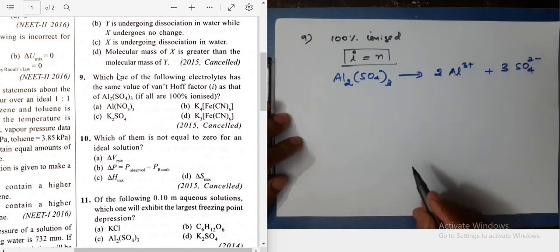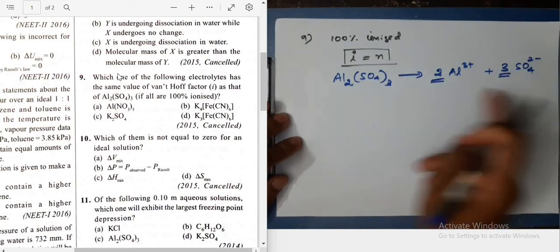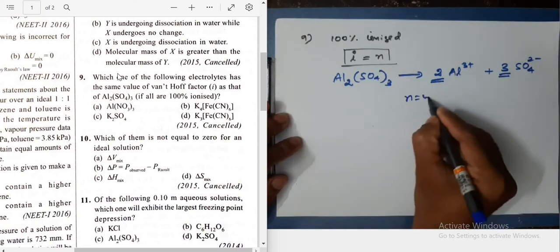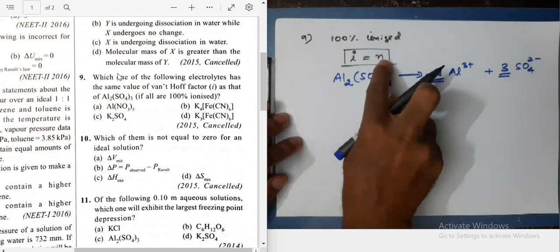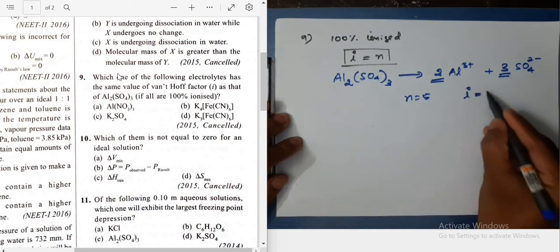So I'll get 2 aluminium ions and 3 sulphate ions from one molecule. Therefore total number of ions is equal to 5. Since i and the number of ions are equal, the Vantha factor for aluminium sulphate is 5.